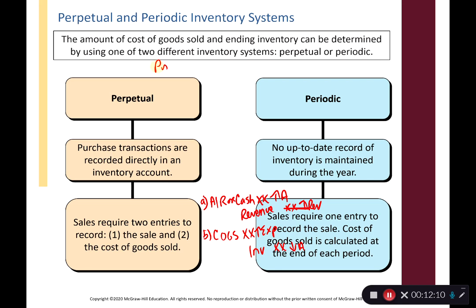And then, though we've covered it in other chapters, the purchase of inventory would be a debit to inventory to make it go up, and a credit to cash, which makes assets go down, or accounts payable if you don't pay for it right away, which makes your liability go up.